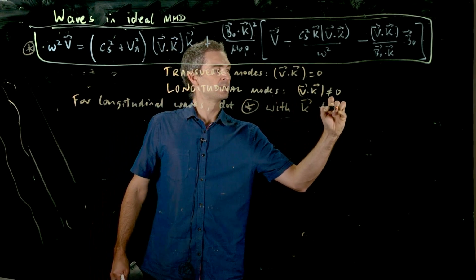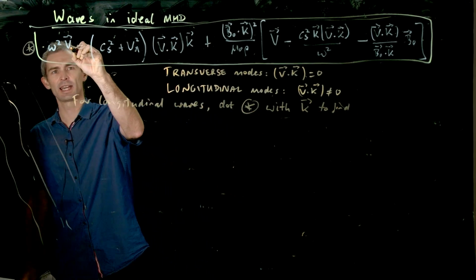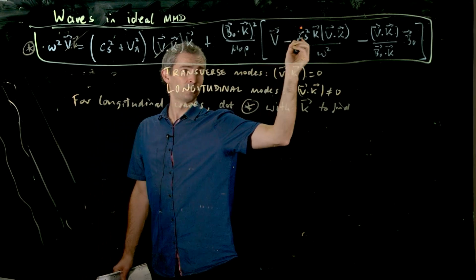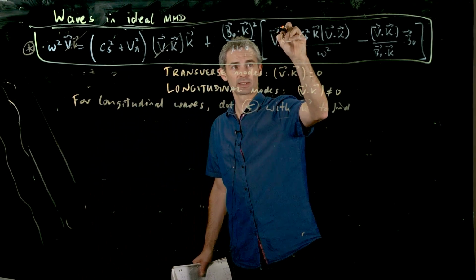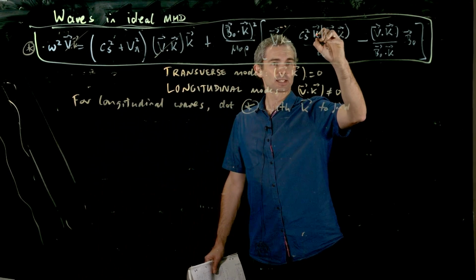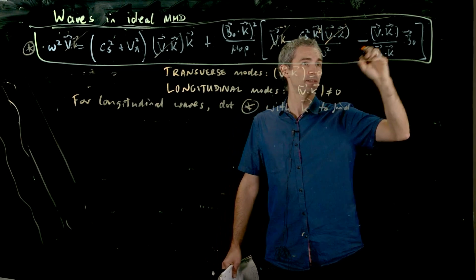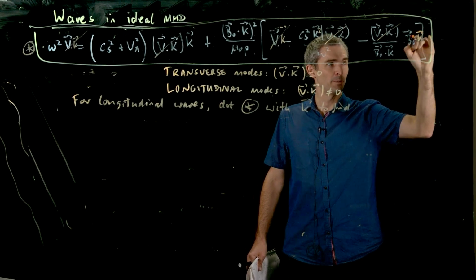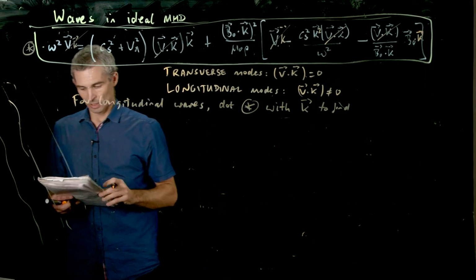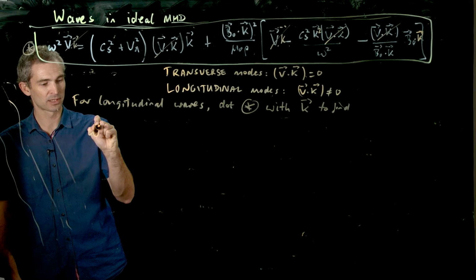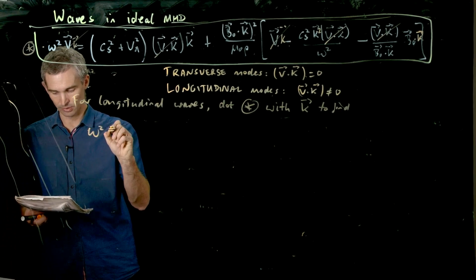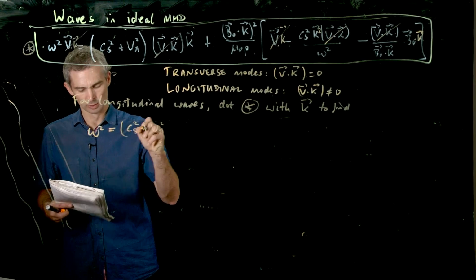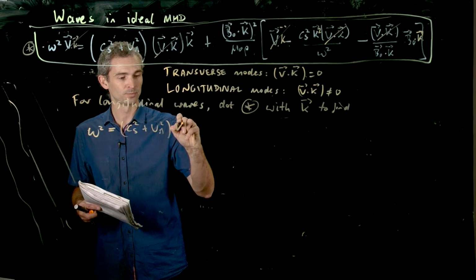to find the following. So if we dot this with k, then you're basically going to get that's going to cancel, that's going to cancel, that's going to be a dot with k, so that's going to cancel, that's going to be a k squared, that's going to cancel, that's going to cancel, that's going to be a b dot k. So we're going to basically have omega squared equals sound speed squared plus alphane speed squared, k squared.